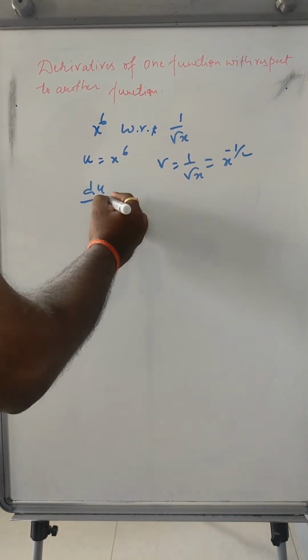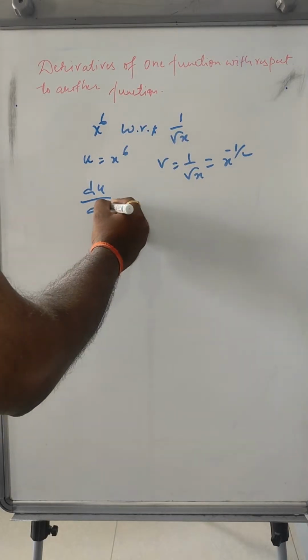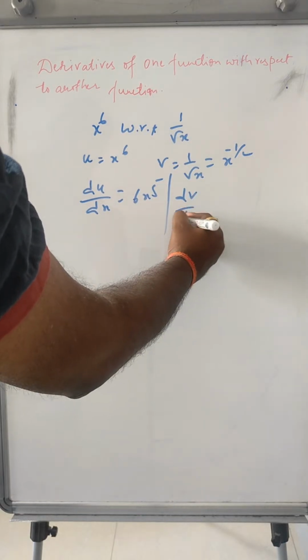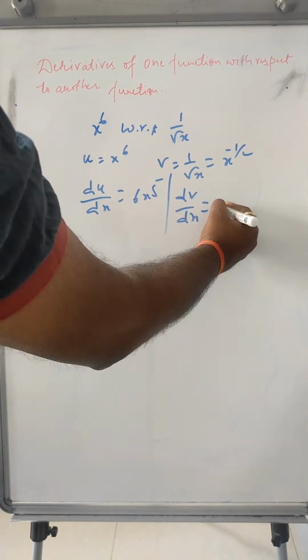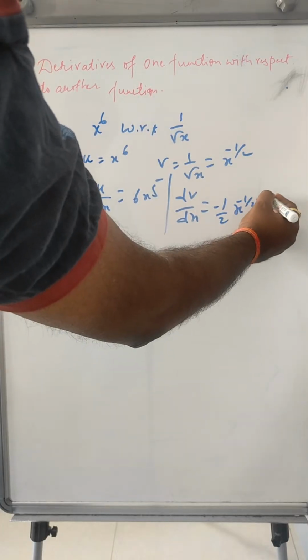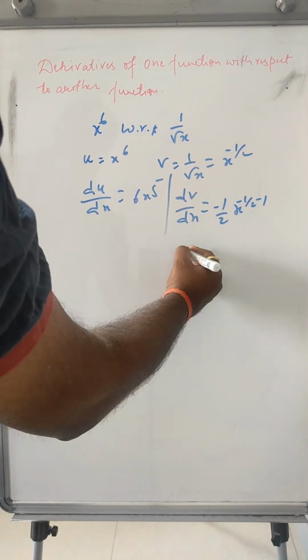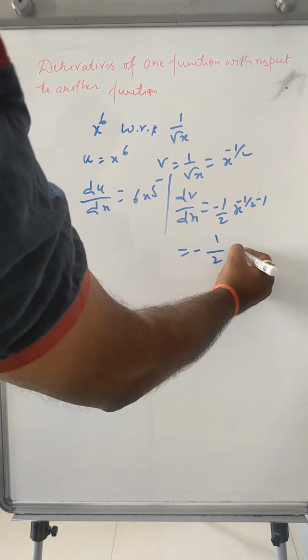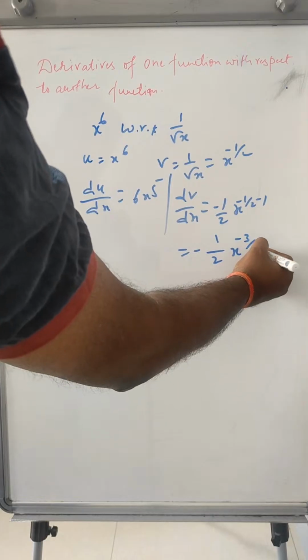Then du by dx is equal to 6 x to the power 5. Now dv by dx is equal to minus 1 by 2 x to the power minus 1 by 2 minus 1, then it is minus 1 by 2 x to the power minus 3 by 2, correct?